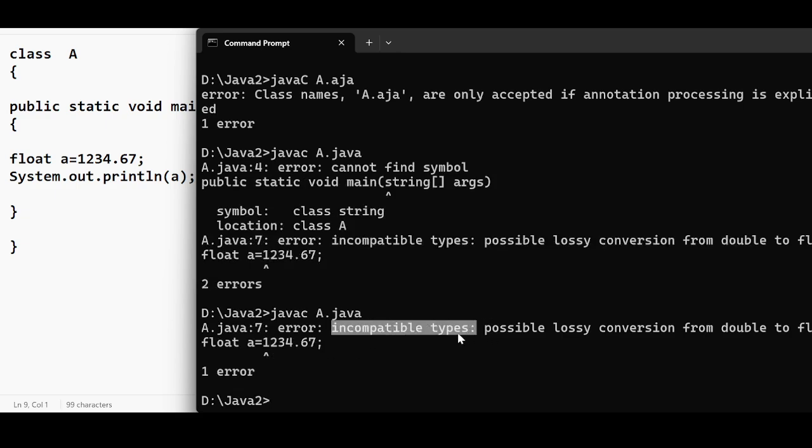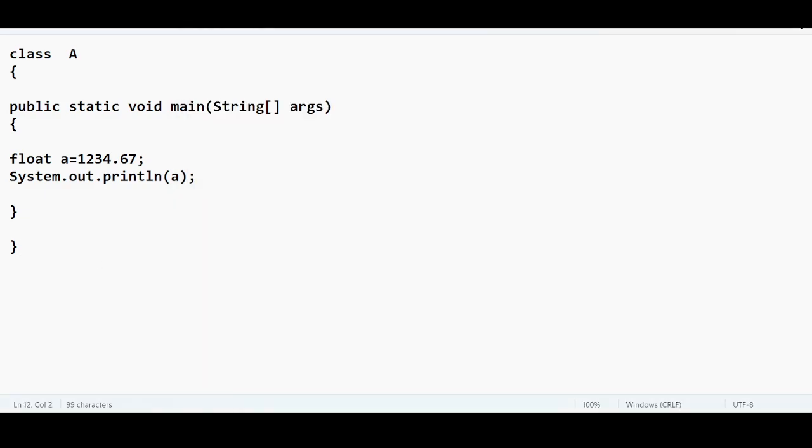See, it says incompatible types, possibly lossy conversion from double to float. It is not accepting because it is not suffixed. When you do not suffix a floating point number with the letter F, this will be treated as double by default.